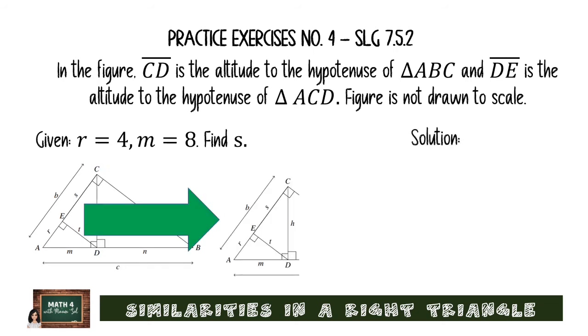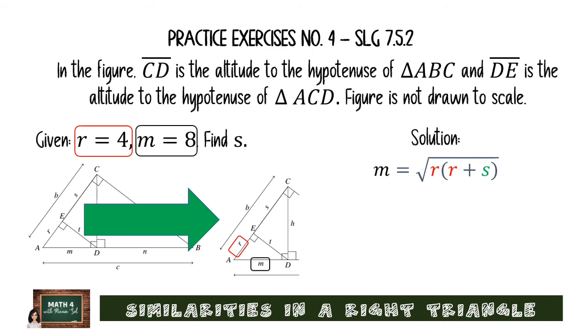We know that M is equal to the geometric mean of the segment of the hypotenuse adjacent to it and the hypotenuse itself, or M is equal to the square root of the quantity R times the quantity R plus S. Since R is equal to 4 and M is equal to 8, we can easily plug them into the equation.